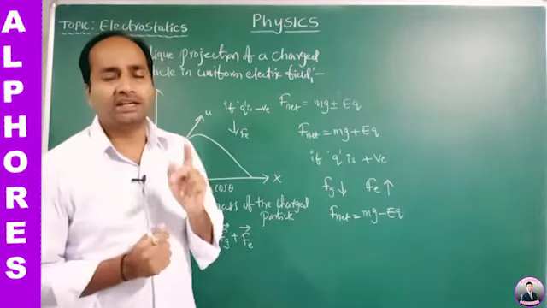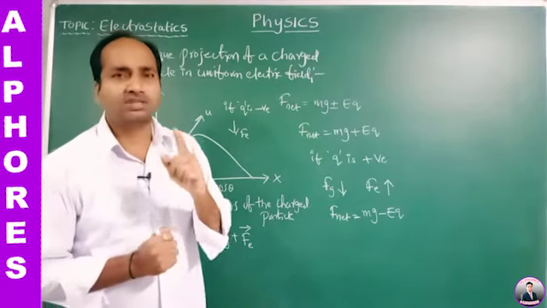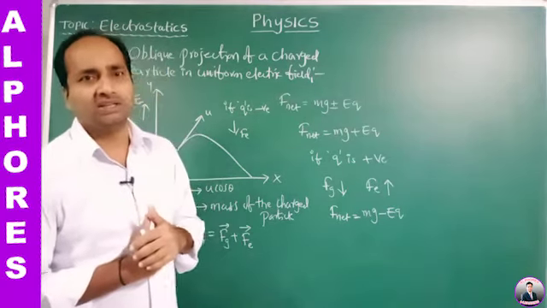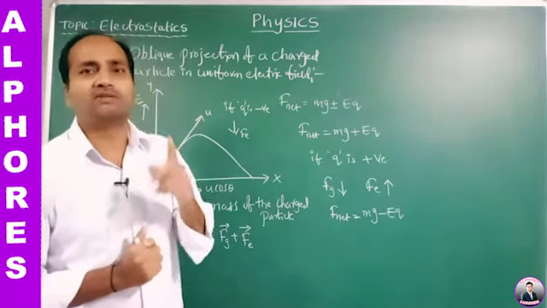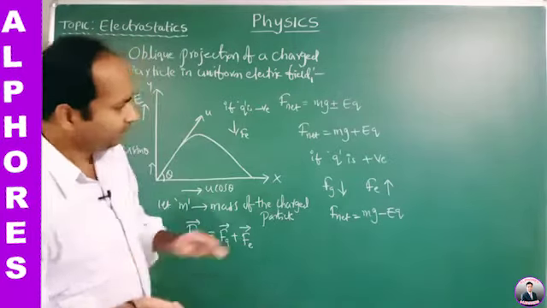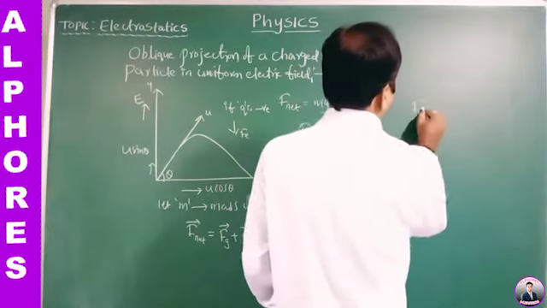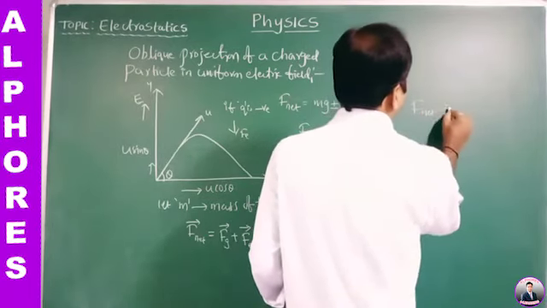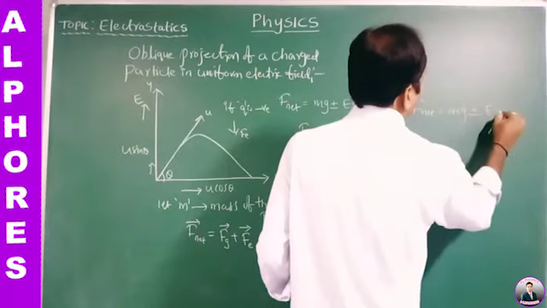Whenever a negative charged particle is placed in the electric field, the force is opposite to the electric field. Whenever a positive charged particle is placed in the electric field, the force acting on it is in the direction of electric field. Finally, F net is equal to mg plus or minus Eq.